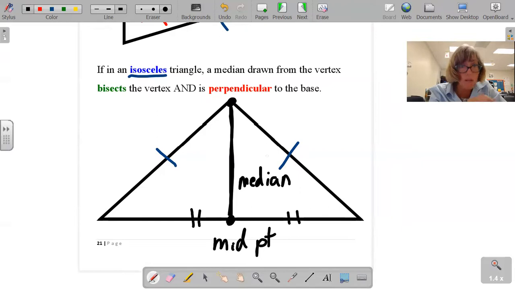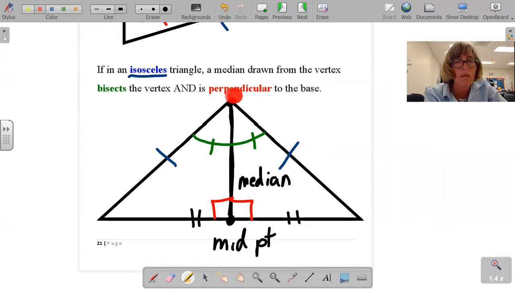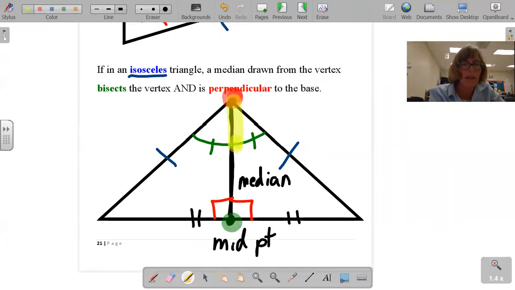And in an isosceles triangle, that median does two things in this particular circumstance. A median drawn from the vertex bisects the vertex angle and is perpendicular to the base. This is only if you have a segment that goes from the vertex to the opposite midpoint, and that's called a median.